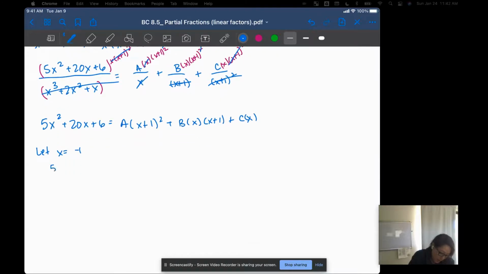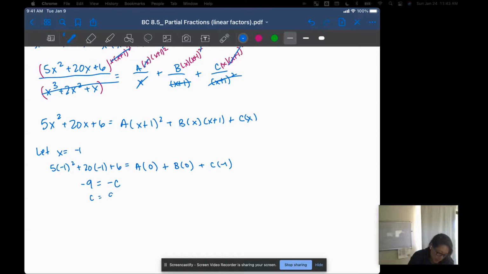So I get 5 times (-1) squared plus 20 times -1 plus 6 is equal to a times 0 plus, one of the factors is going to zero out, b times 0 plus c times -1. So 5 times (-1) squared plus 20 times -1 plus 6 is -9, which is equal to -c.